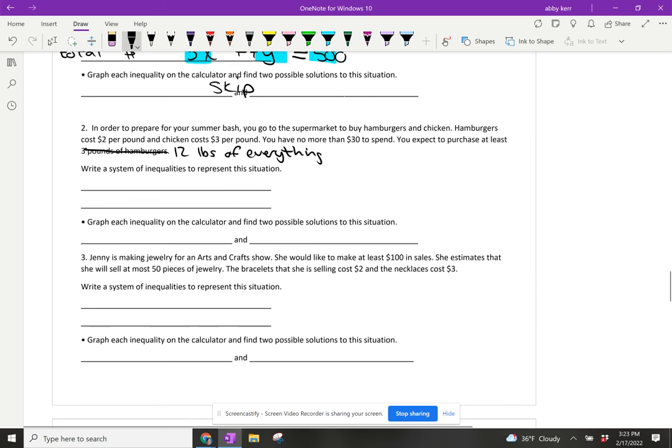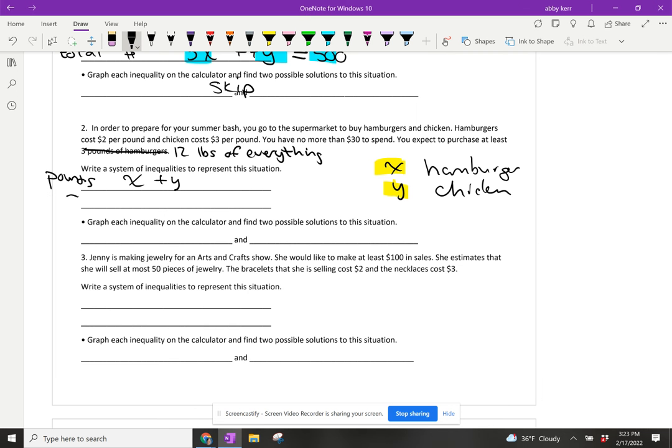Okay, for number 2. We're having a summer bash, going to buy hamburgers and chicken. So let that be X, let that be Y. So we're going to have X plus Y because that's our total amount. Okay, so we're going to talk about pounds here. And then once again, we're going to talk about cost.